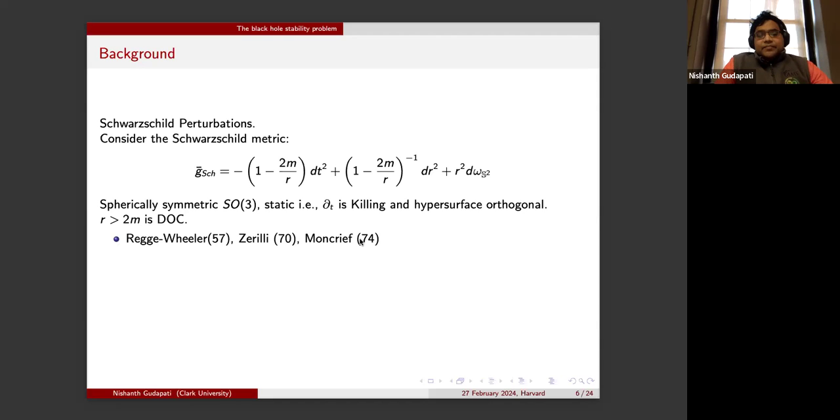They considered even and odd parity perturbations, Regge-Wheeler and Zerilli separately, and constructed a certain wave-equation-looking equation that was satisfied by those perturbations. A Hamiltonian and also gauge-invariant version of all of that was constructed by Moncrief, which will play a very important role in this talk.